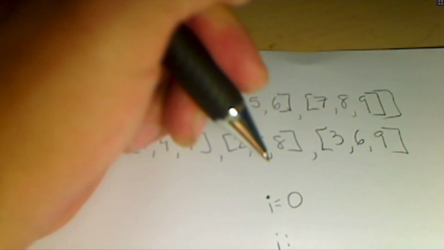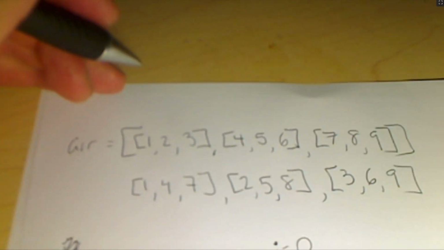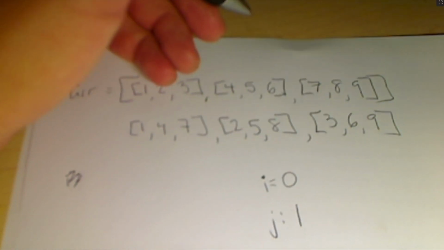So let's say i is equal to 0 and j is equal to 1. Okay, so now we're going to look at our 0, 1. Basically what I'm saying is let's swap matrix 0, 1 with matrix 1, 0.